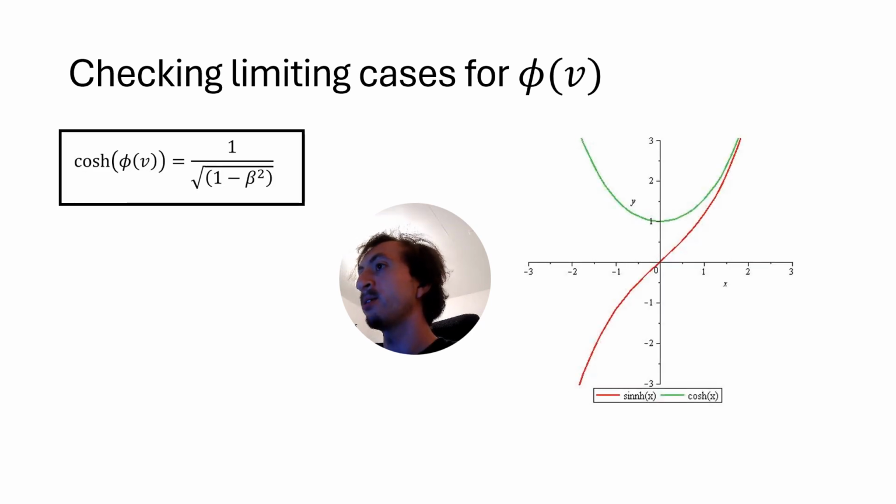And these were limits we derived even before we had an expression like the one we have here for a hyperbolic function of this rapidity factor.